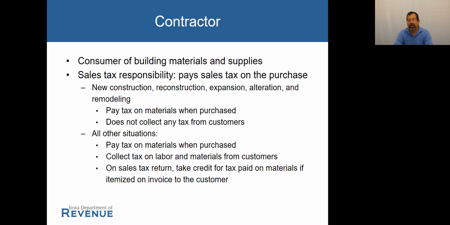In all other situations, taxes are paid on materials when purchased, taxes are collected on the labor and materials from customers, and on the sales tax return, the contractor would take credit for tax paid on materials if itemized on the invoice to the customer. Generally, a contractor will be constructing a structure and will not be charging any tax to his customer.